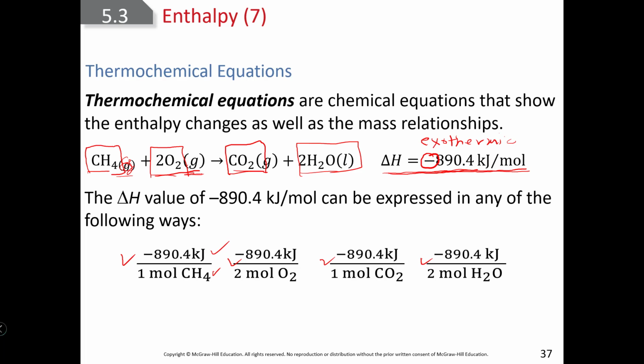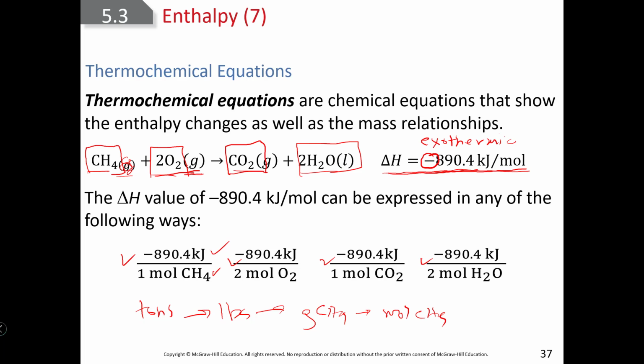And you're going to be doing some calculations with this. So this gets to be, I've got 5 tons of coal, how much energy can I get out of it? Or I've got 5 tons of methane, how much energy can I get out of 5 tons of methane? Well, you're going to have to take those tons of methane and probably convert that to pounds, and then convert that to grams. And then once you get to grams of methane, you're going to have to convert that to moles of methane.